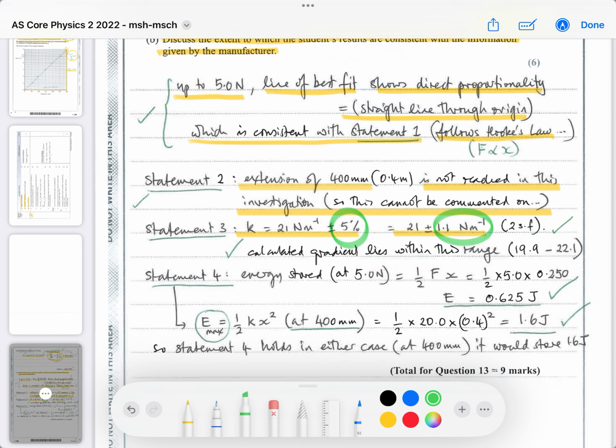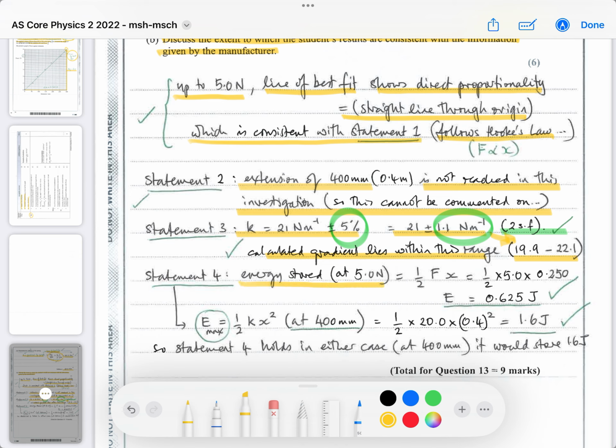So just converting the 5% into the uncertainty in newtons per meter will get you another tick. And then you calculate the gradient. You check if it lies within this range, which would be 19.9 to 22.1. If you're within the range, you get another mark, and you comment on it.